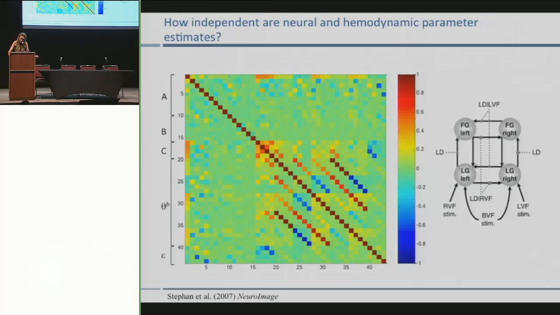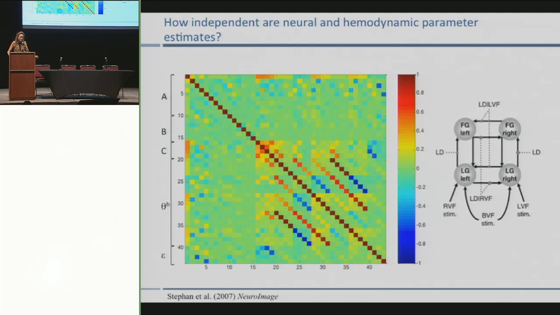So the first thing that people often think when they see that slide is, okay, there's a lot of parameters in DCM, so how are you able to fit all of those parameters without having parameter interdependency? And this is an image from a class, and he showed the posterior correlation matrix. So this is just the normalized posterior covariance of the different parameters.